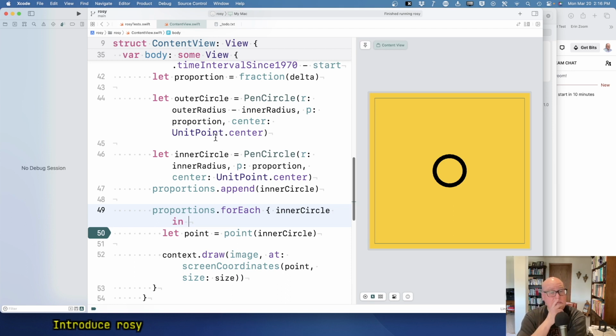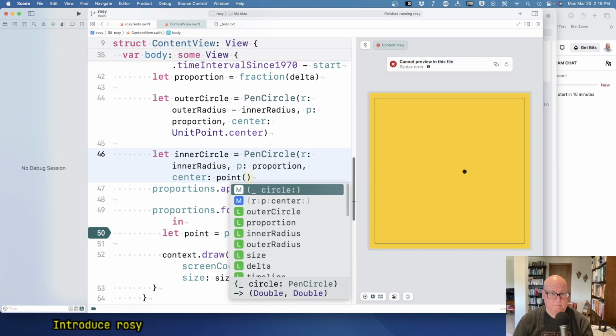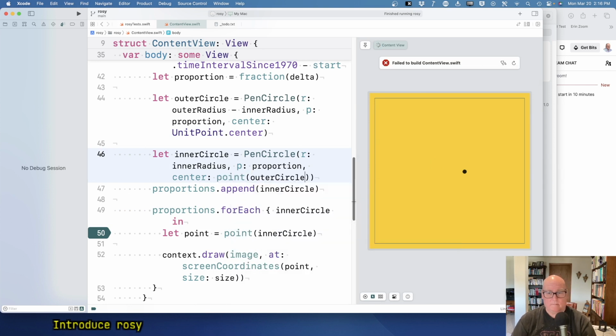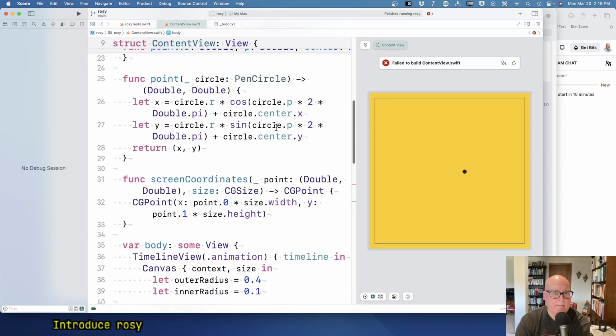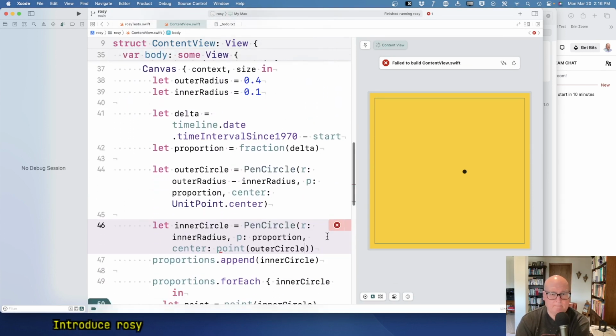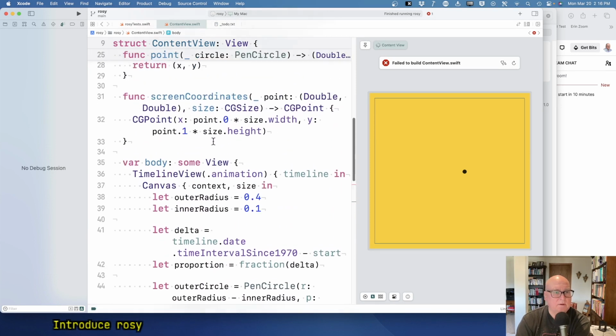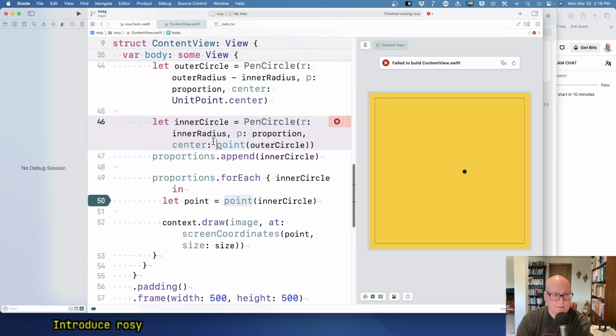No. His center should be outer circle's point. Point of outer circle is double.